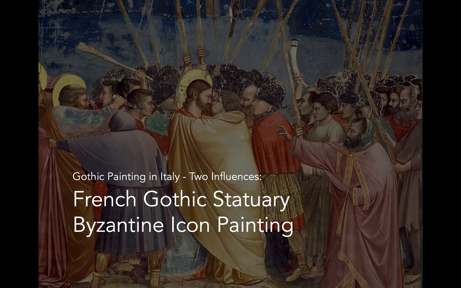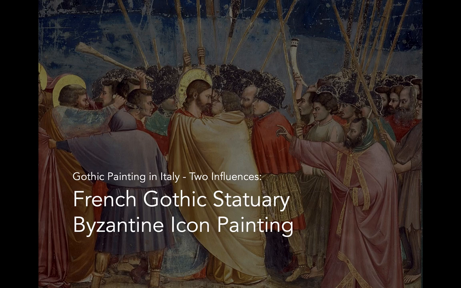But first, let's talk a bit about Giotto and Gothic Italian painting. And so for the painting during this period, Gothic painting, you want to think of two influences. This is a little reductive, a little too simple. But essentially, you want to think of two key influences that merge to allow for Gothic painting.